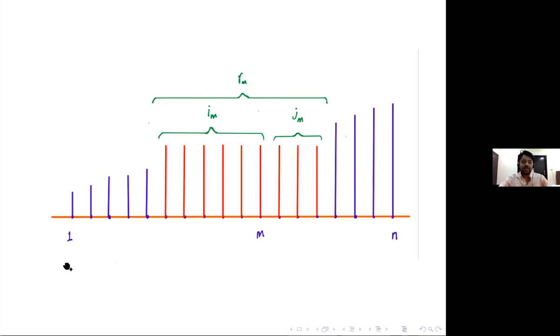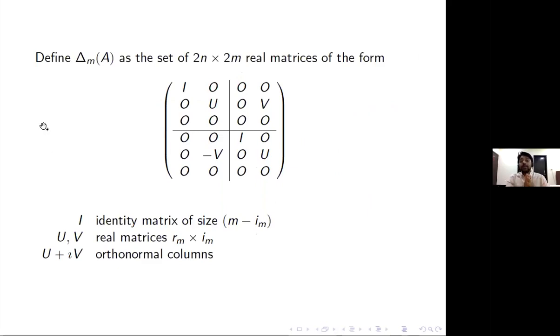Now, with these numbers in mind, we define delta m of A, which is the set of 2n cross 2m real matrices given in the following block form. Here O means the entries are 0, I is the identity matrix of size m, and U, V are of size Rm cross Im, such that U plus iota V, this complex matrix, has all its columns orthonormal.